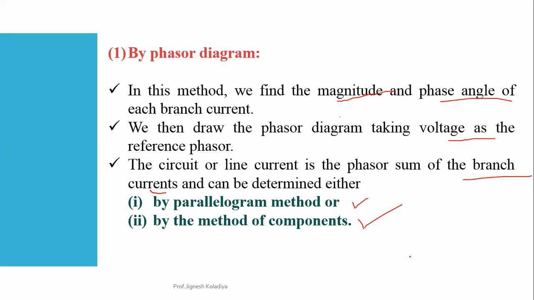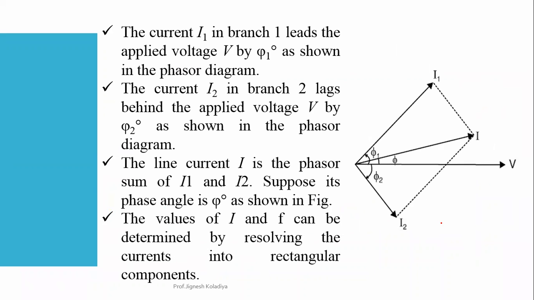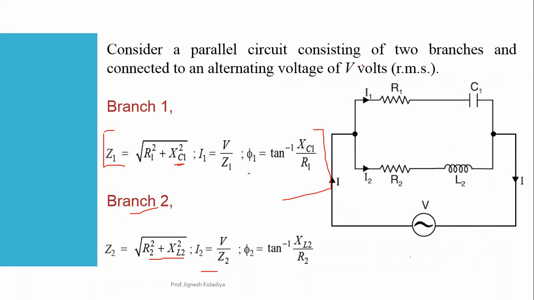If you look at the third point, we have to take the phasor sum of branch currents, which means we have to draw the vector diagram by using the method of components or the parallelogram method. Here I have drawn the phasor diagram by taking voltage as a reference. I1 is passing through the RC series branch, so it is capacitive, and that's why with respect to voltage this current is leading.